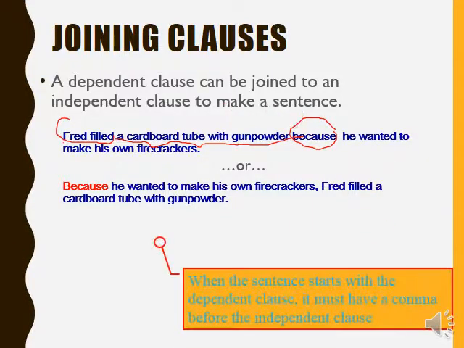When the sentence starts with the dependent clause, it must have a comma before the independent clause, as you can see here. So this is very important. When you start with the dependent clause, you have to put a comma before the independent clause.